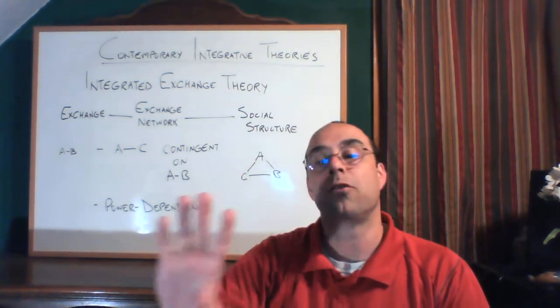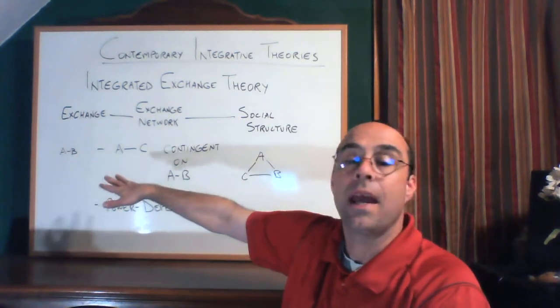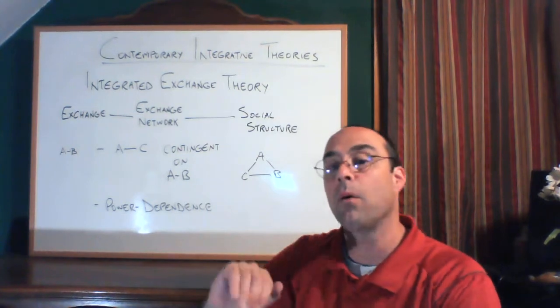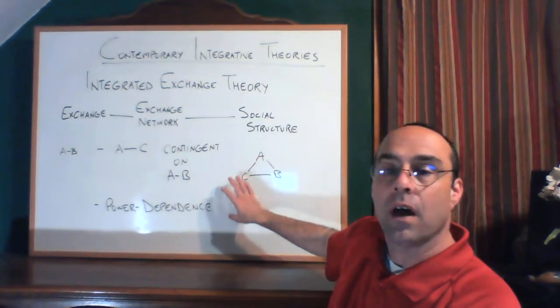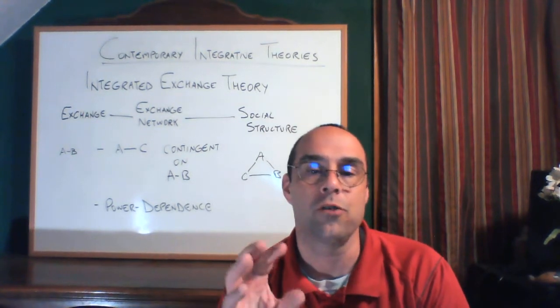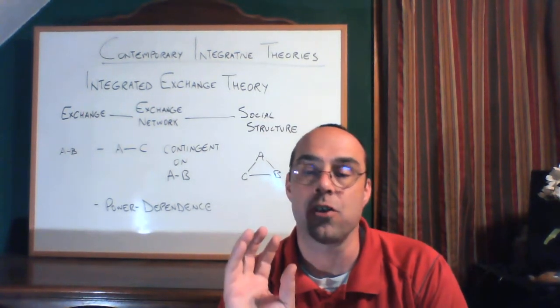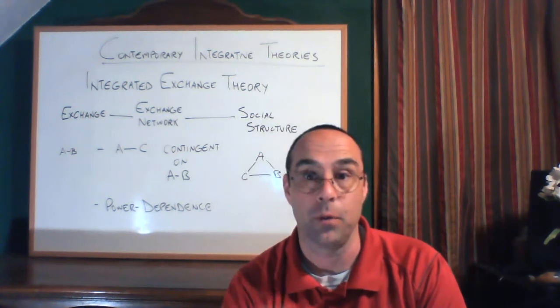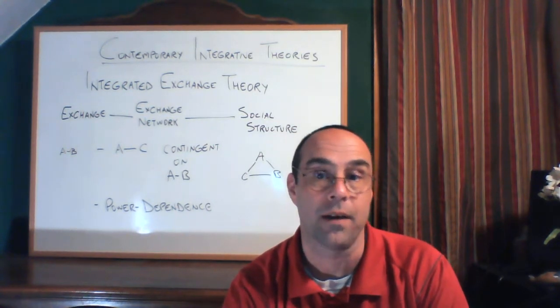Oh, yeah. And so we can think about this A-B-A-C thing, and there being lots of different ways that power works. But as we build up to a network, we can think about certain individuals being in positions of power relative to the other ones, and that they can influence the way the entire network functions.